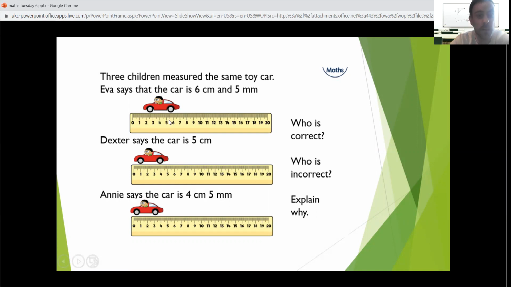There are 50 millimeters in 5 centimeters, and so on. Okay, that's just something that we're going to be looking at a little bit more today. Some of you will already know that. Brilliant if you do. And millimeters is mm, centimeters obviously cm. So that's your first one to have a go at. Who is right? Who has measured the car correctly and got the right length of it? Pause me and have a go at that.